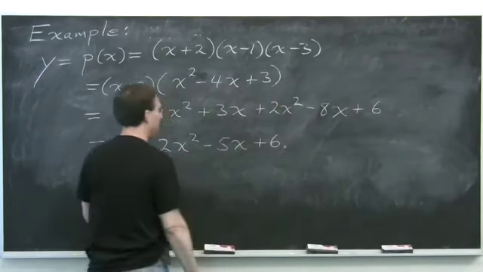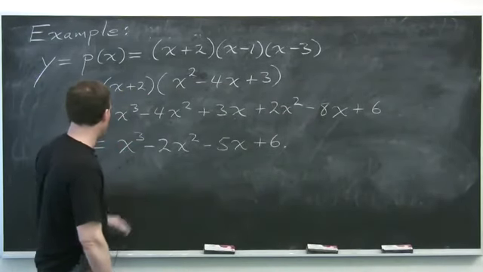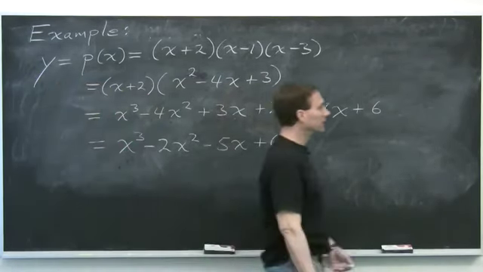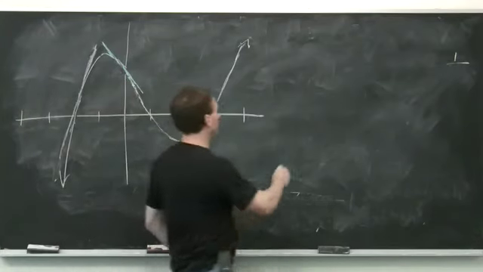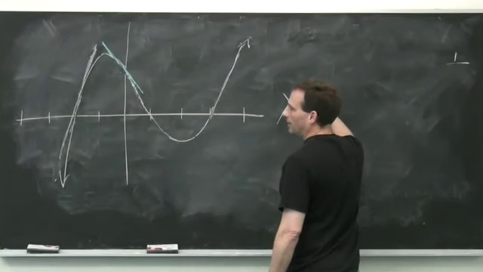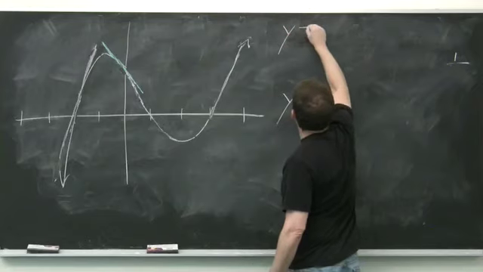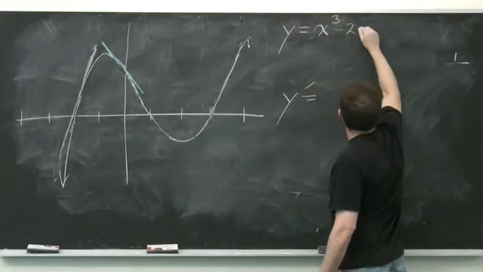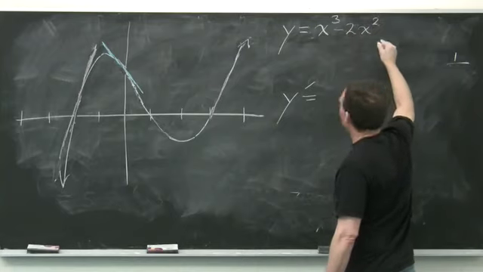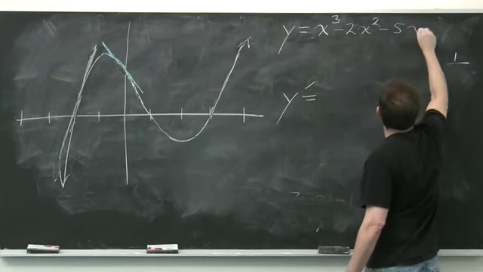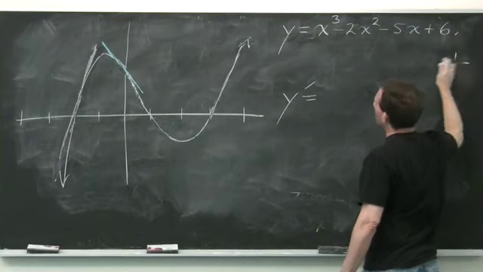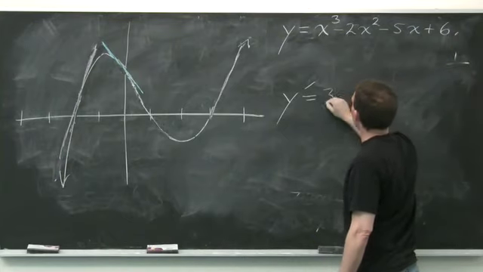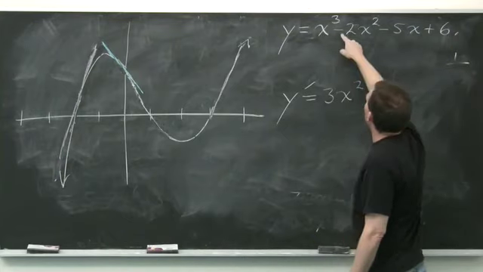Here's our function y. We know how to calculate its derivative from the power rule. It's easy. Let me write y here. It is x cubed minus 2x squared minus 5x plus 6. So y prime, the power rule, 3x squared minus 2.